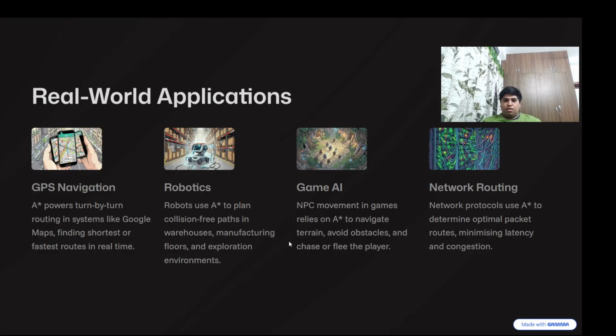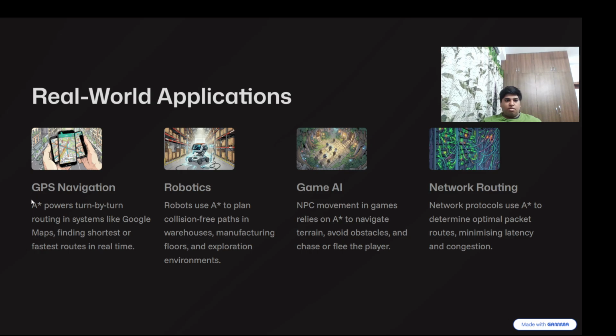So we continue, and like I told you, real world applications: how this A star search is used in real world applications and programs. First of all, A star search is widely used in pathfinding algorithms. So whichever programs or applications require pathfinding mechanisms, such as GPS systems, game AI, networking routing, robotics, it's all used widely in these fields.